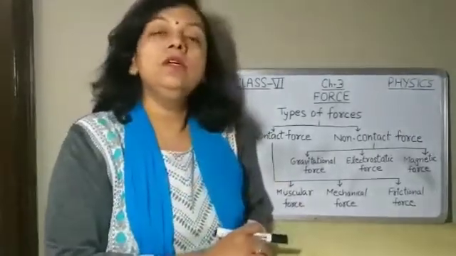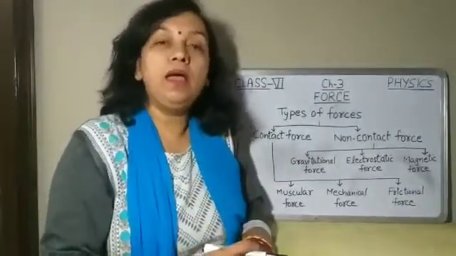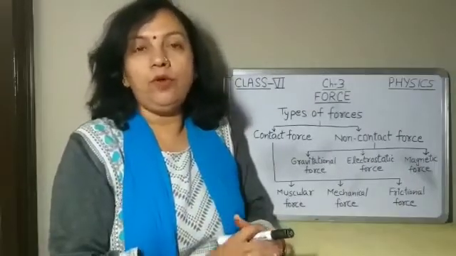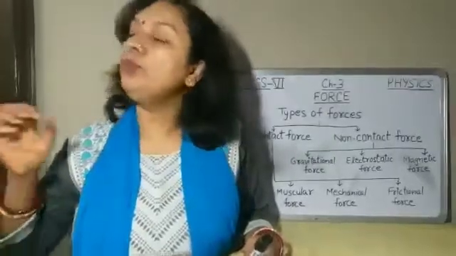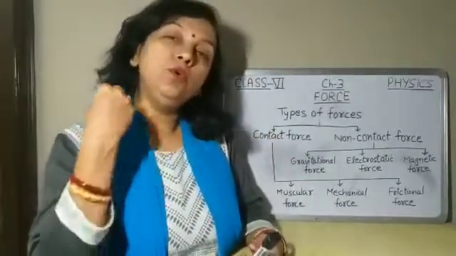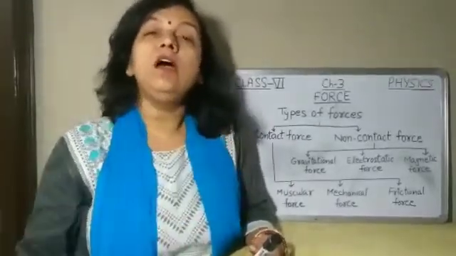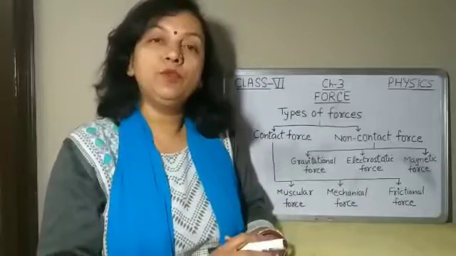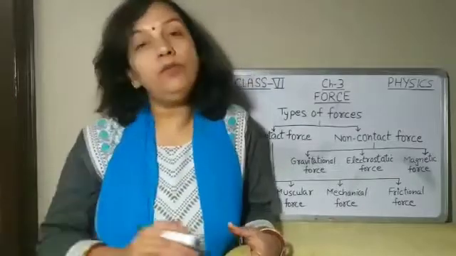Muscular force: the force exerted by our muscles is known as muscular force. For example, if we have to push something or pull something, then we use our muscles, our muscular force will be required there. So these are called contact forces.